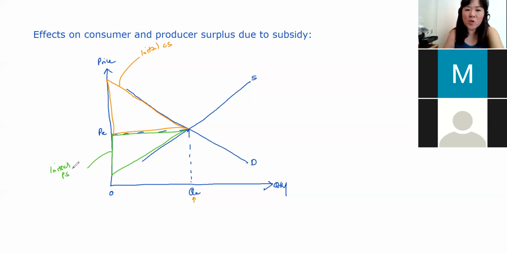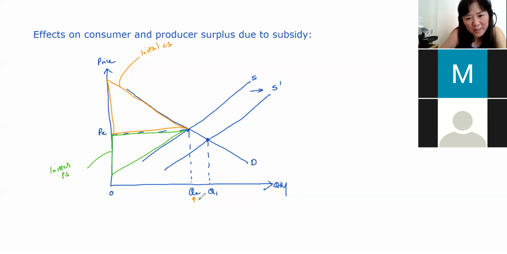Now let's talk about the imposition of the subsidy grant. The subsidy grant would have increased the supply, causing the supply curve to shift rightwards from S to S1. Our new equilibrium point, as you have seen earlier, is at Q1.